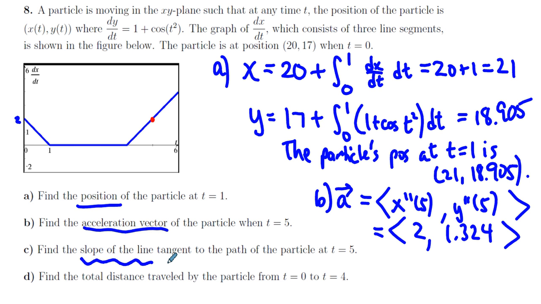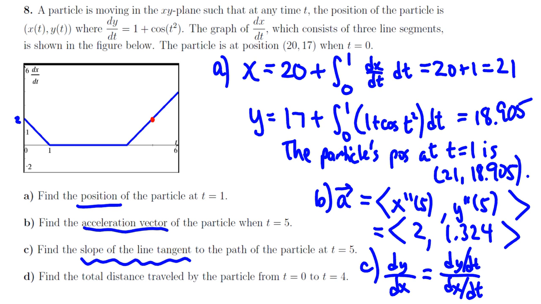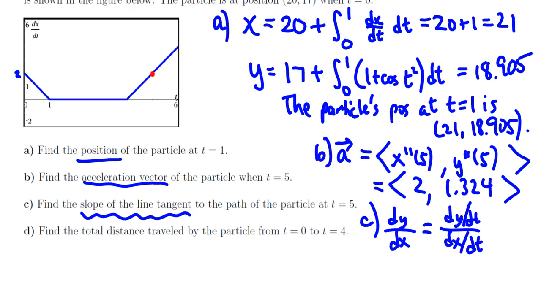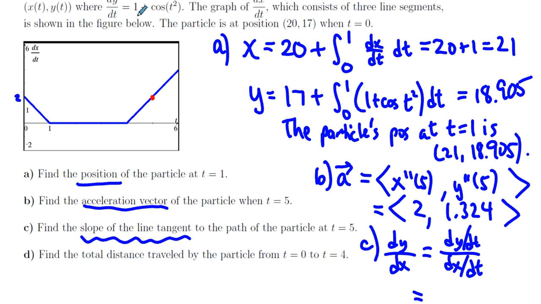Okay, well, what about a slope of a tangent line? Well, slopes of tangent lines are easy because dy dx is dy dt over dx dt. Dy dt is 1 plus the cosine of t squared, evaluated at 5.